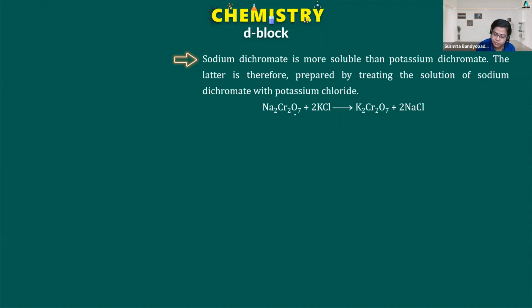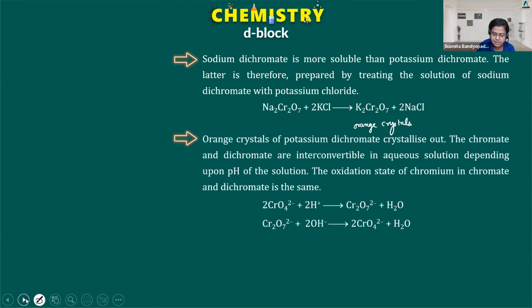The solubility of potassium dichromate is quite less than that of sodium dichromate. But you need potassium dichromate, right? So what will you do? You will add KCl. By double displacement, you get orange crystals of potassium dichromate. Yes, as I mentioned.